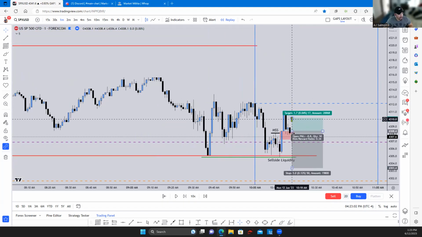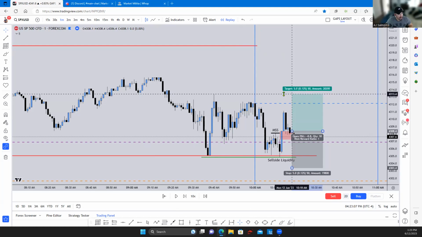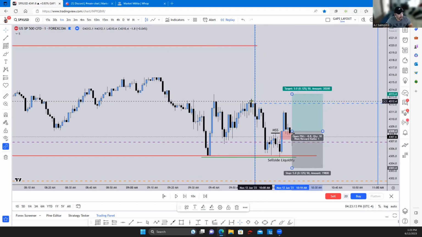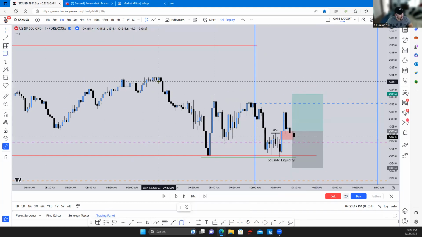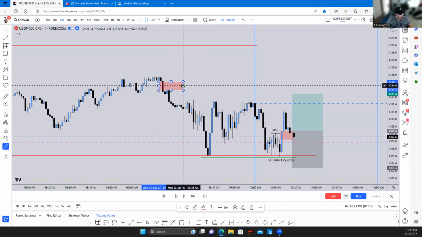So our minimum for take profit 1 would be 5 points here for a 1-to-1, which coincidentally lines up with this swing high here, and then there's also a small fair value gap right in here.